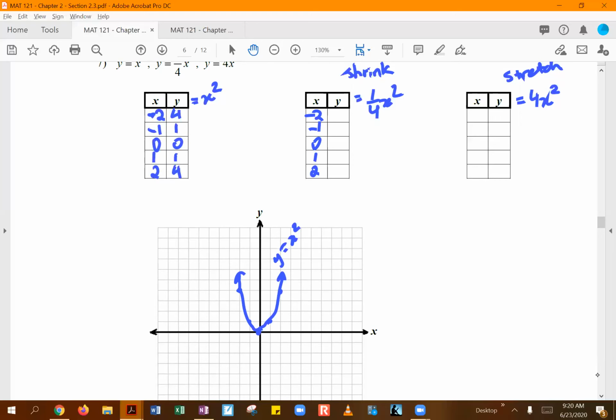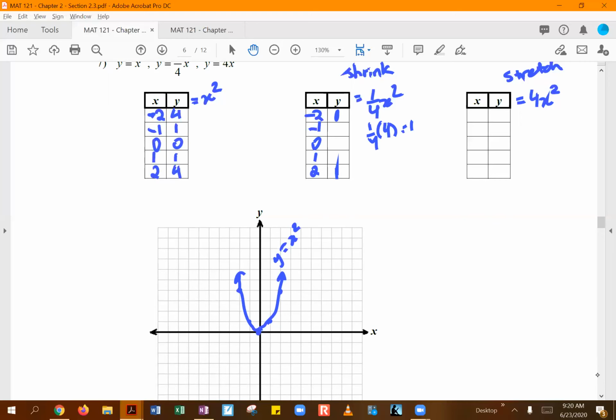but what's going to happen to all your y values is that you will be multiplying them by 1/4. For this first one over here, you will have 4 multiplied by 1/4, which will of course give you 1 as the answer. That will happen for both +2 and -2. You will end up getting 1 as the answer here.